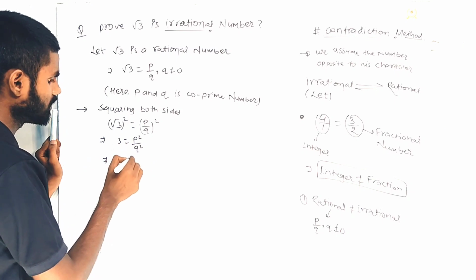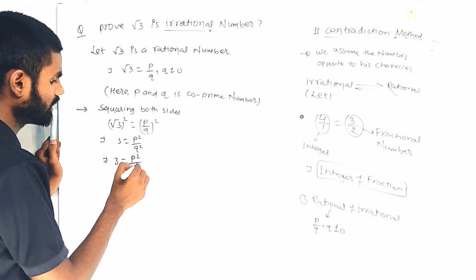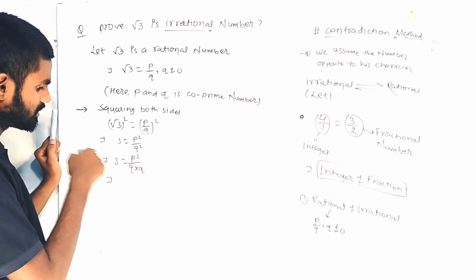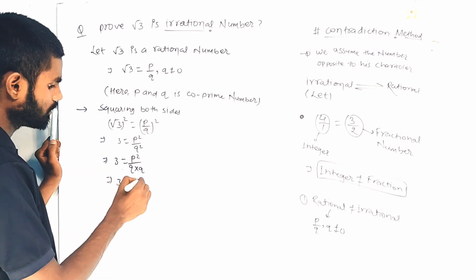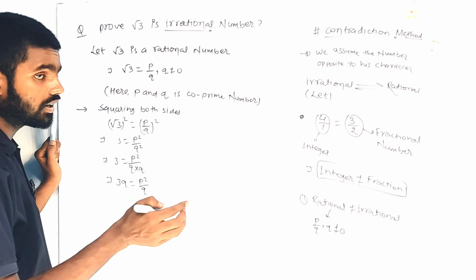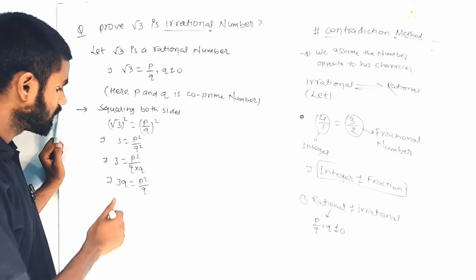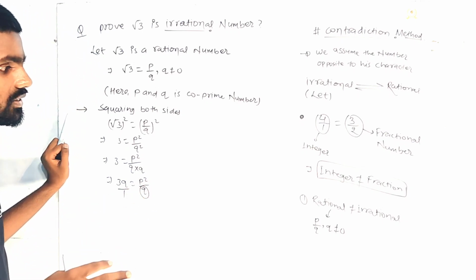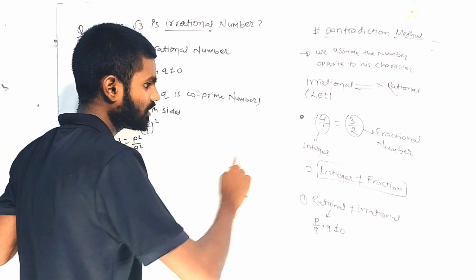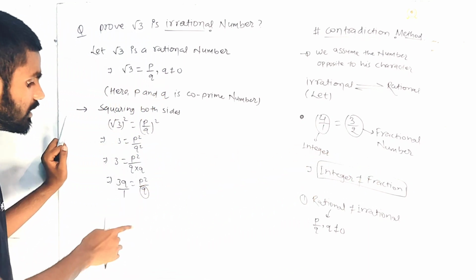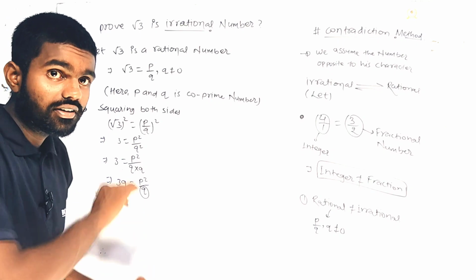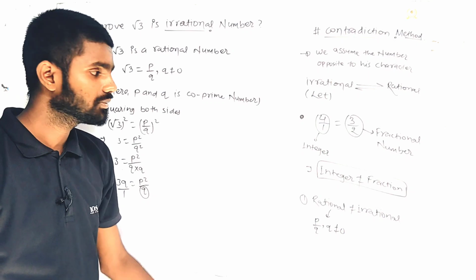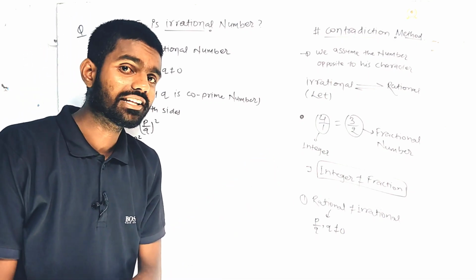We have to become a clever student, and write q square as q into q, and one q will be transferred to this side, so 3q equals p square by q. Now we have to focus on this. The left side's denominator is 1, the right side's denominator is q. Then you can realize that the LHS is an integer and the RHS is fractional, and they will never be equal to each other, at any cost.